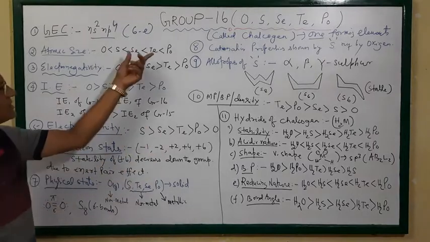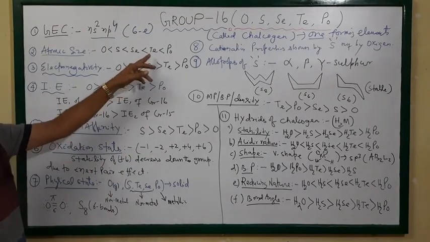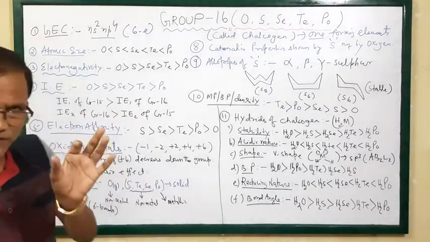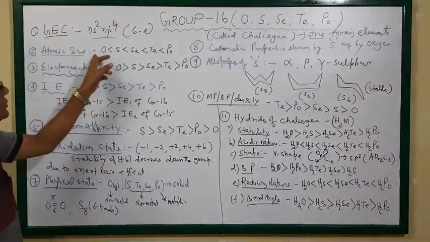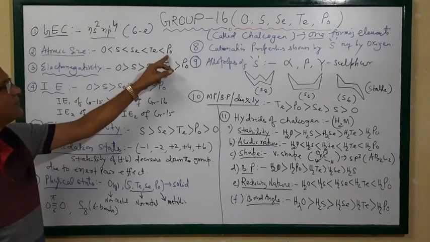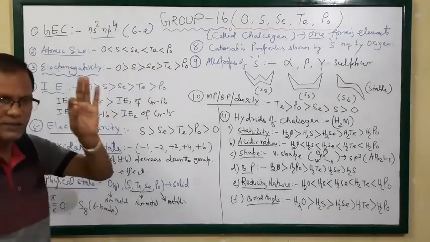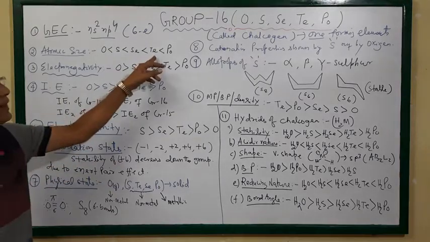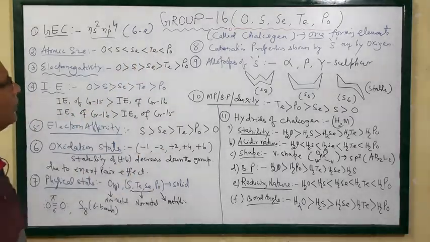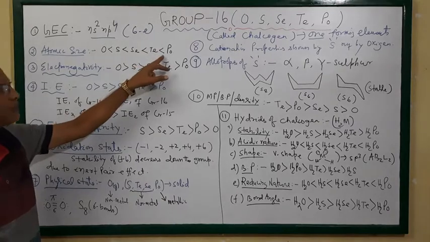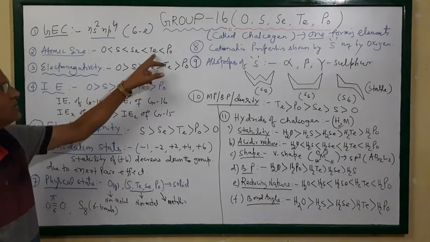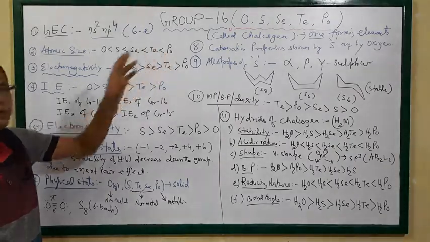But the size difference between the last two, tellurium and polonium, is very small, due to the poor shielding effect of the f subshell.